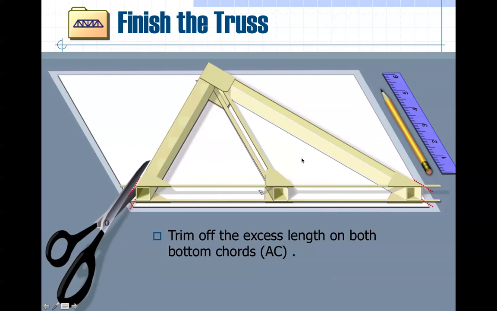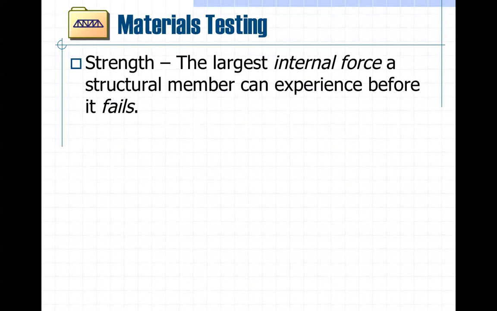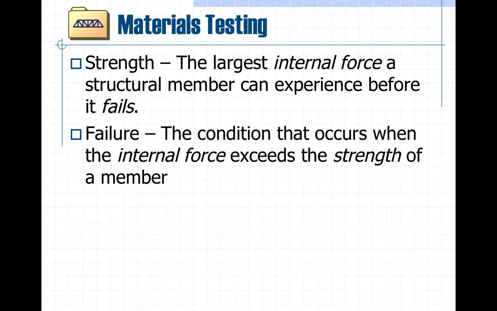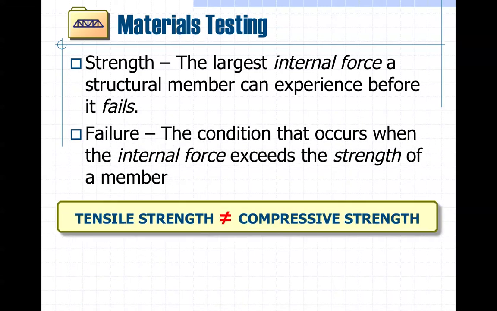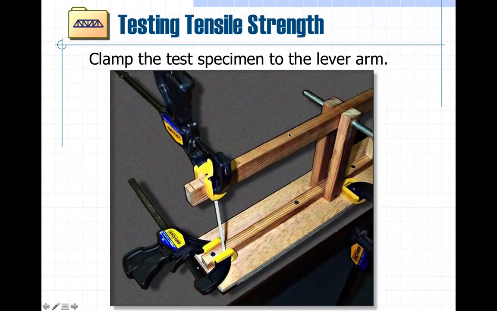Okay. So now what you're going to do is just finish off the truss, trim off the little pieces. We're going to finish off the truss in a minute, but you remember we talked about materials testing, and I'm going to go through this quickly. This is our Instron, well, not ours, theirs. We have one. It's a nicer, low-budget testing machine.